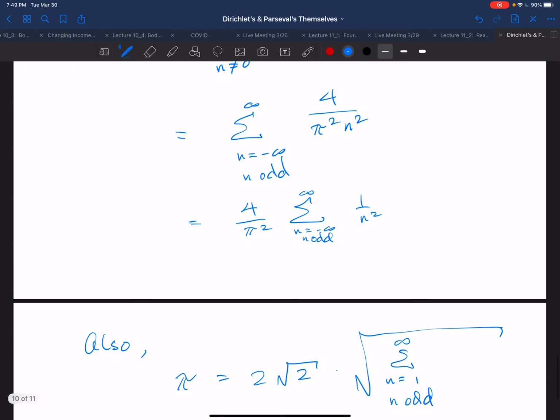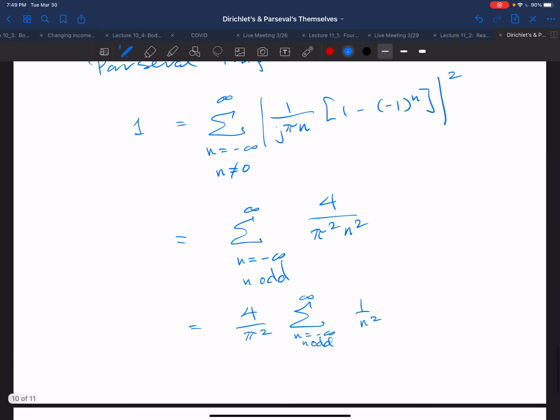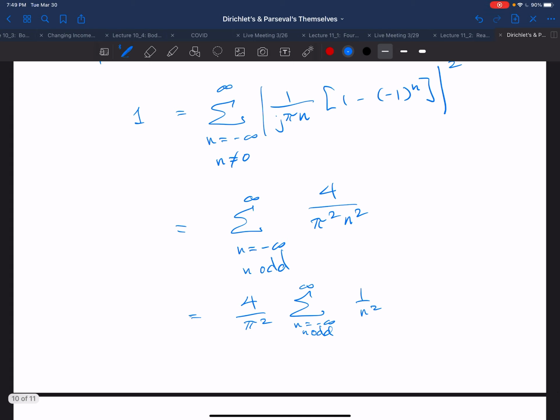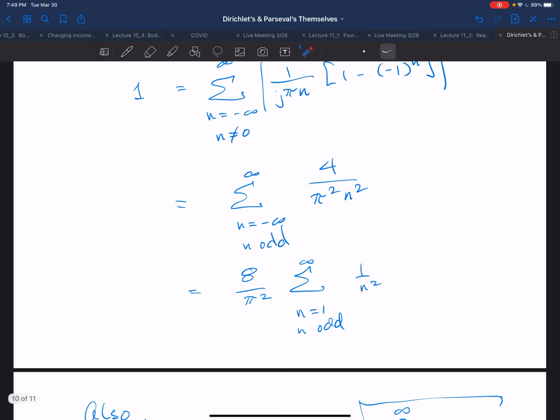Sorry, I should have written, in this last line, n equals 1 to infinity, n odd, and changed this 4 to an 8, because whether n is positive or negative, you'll get the same value in this series.